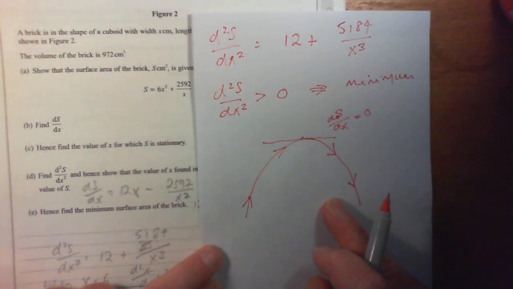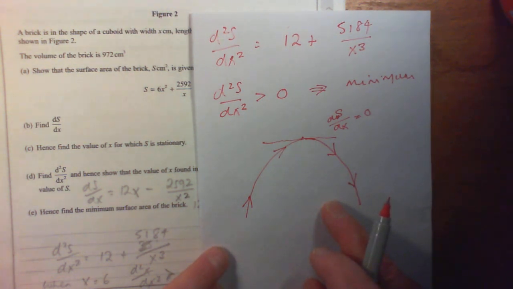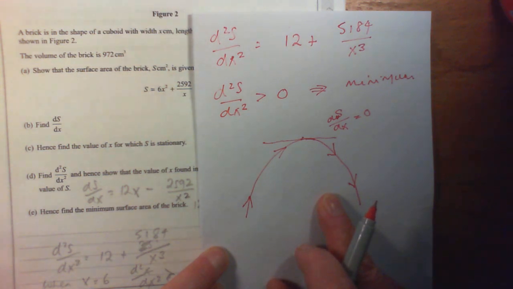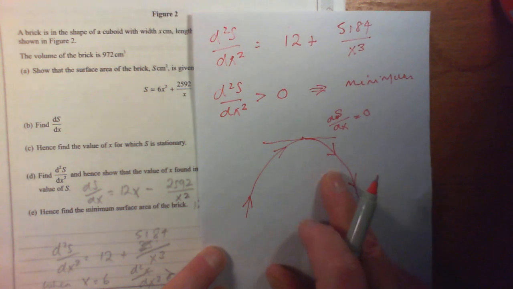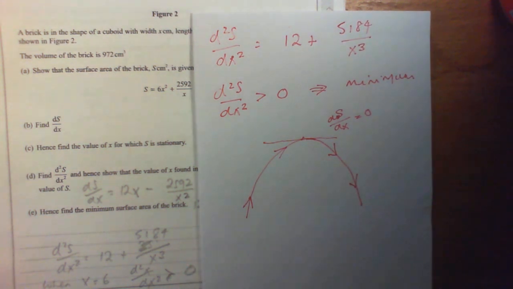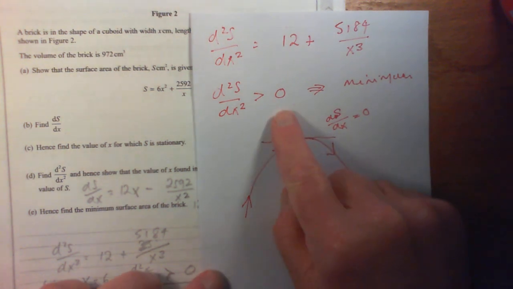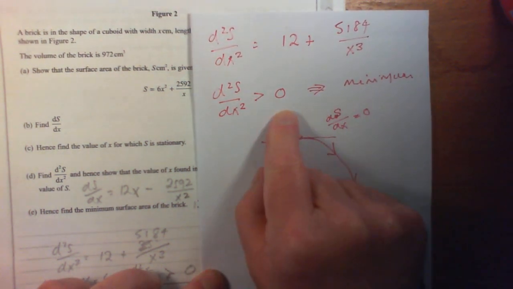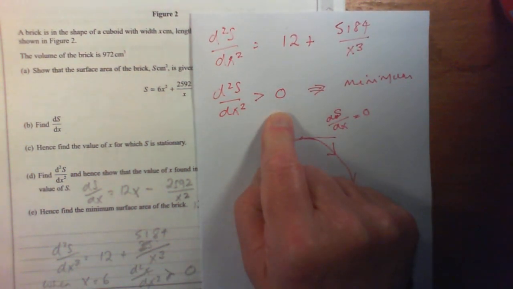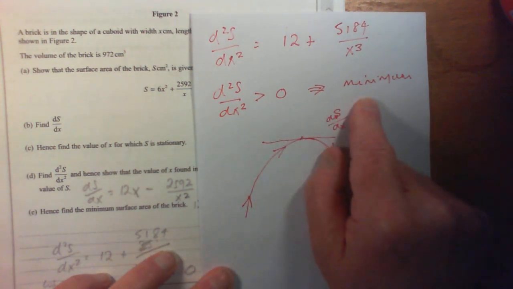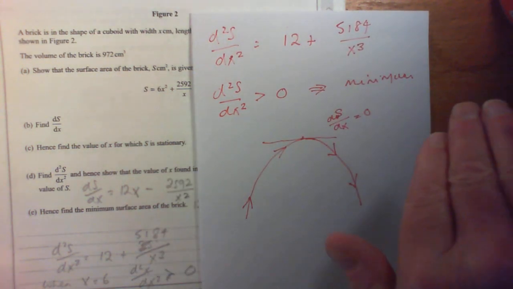So therefore the second derivative, d²y/dx², would be negative, i.e. less than 0, and that would correspond to a maximum. That's the logic behind it. Obviously, we found the exact opposite. We found that the second derivative is greater than 0, therefore it corresponds to a minimum for the opposite reasons.